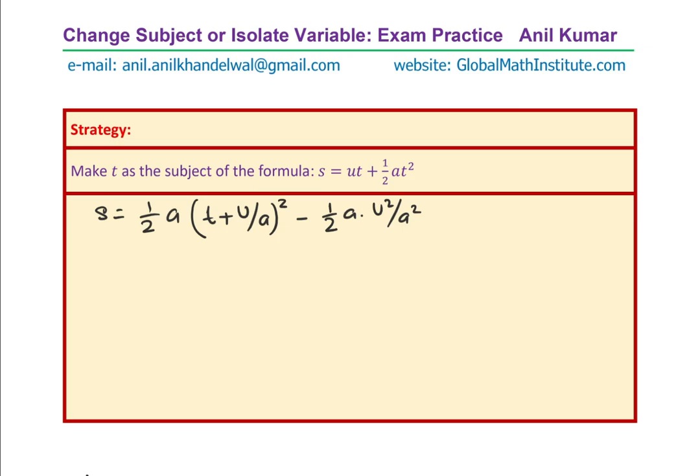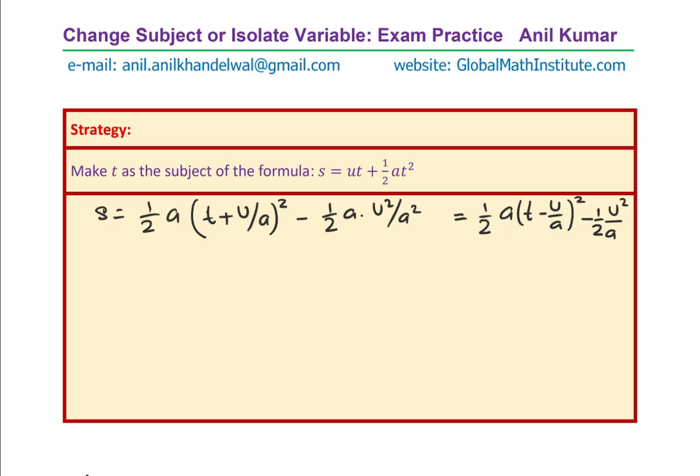So a will get cancelled, and therefore we could write this as half a t minus u over a whole square minus half u square over a, or you can say 2a in the denominator. Do you see that?